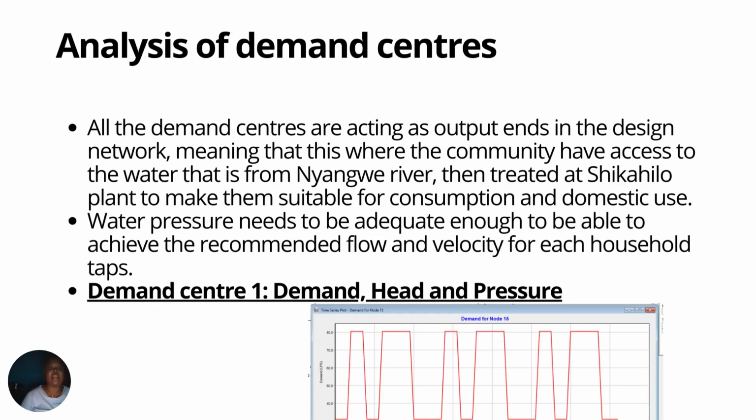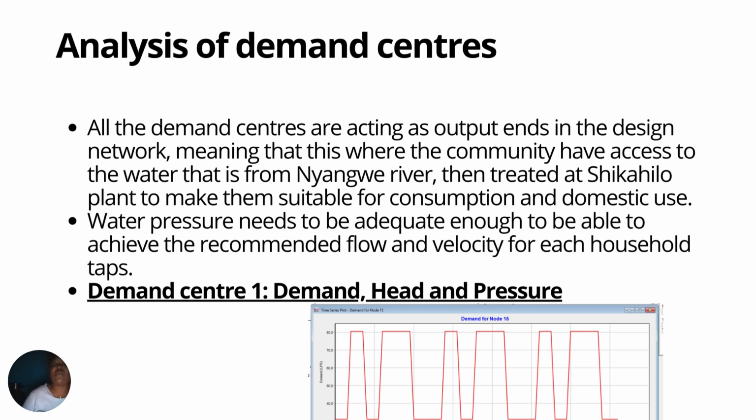The next slide is the analysis of demand centers. All the demand centers act as output ends in the design network, meaning this is where the community has access to the water from the Nyangwe River, which is then treated at the Shikahilo treatment plant to make sure that the water is suitable for human consumption and domestic use.